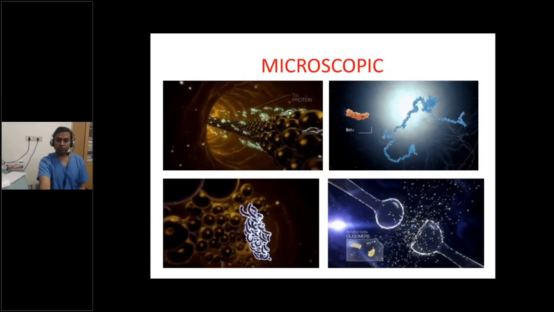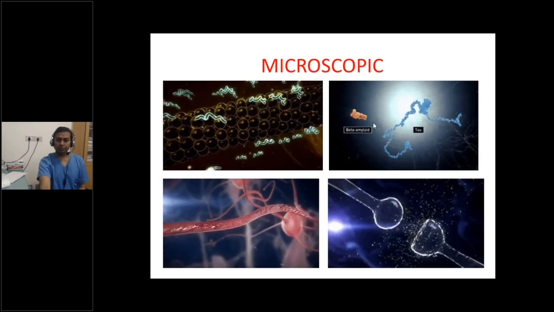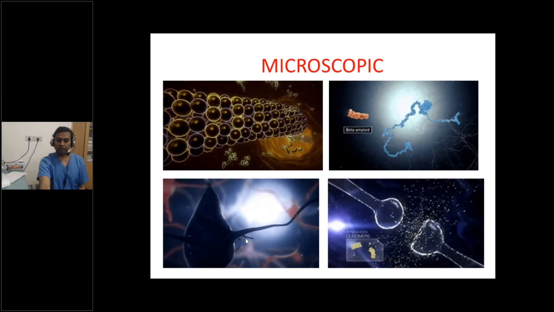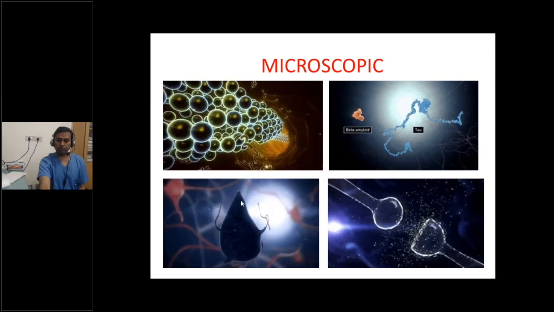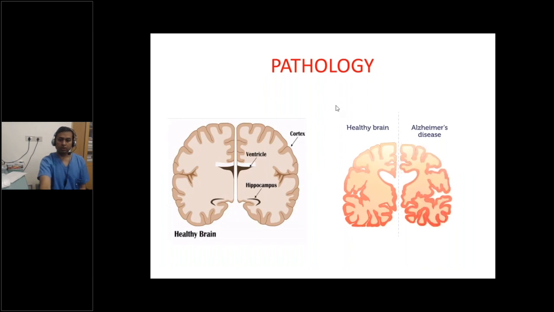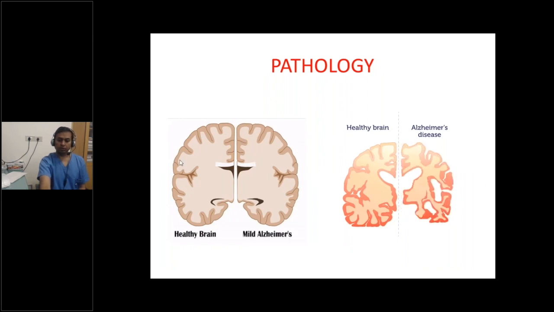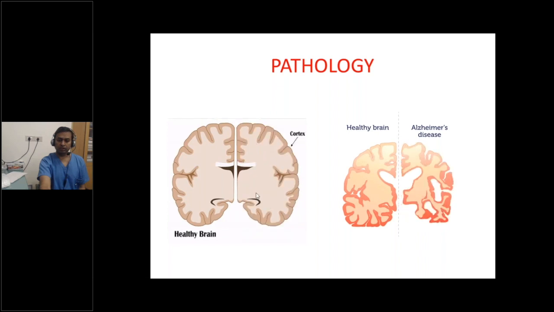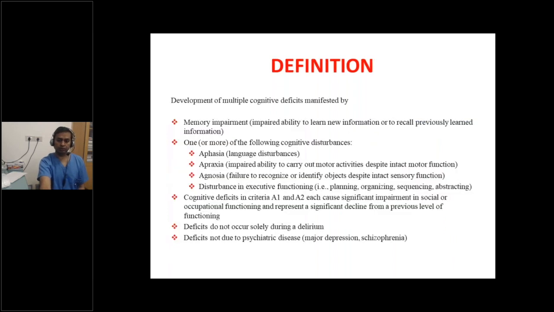Microscopically, it is involved by beta amyloid, which is involved with tau proteins, and then it leads to damage, apoptosis of the neurons, and that leads to dementia. So in pathology, if you see the normal brain, there is Alzheimer. In Alzheimer disease, there is a gradual degeneration of the brain, and that leads to a further fall, and it is an apoptosis related event.